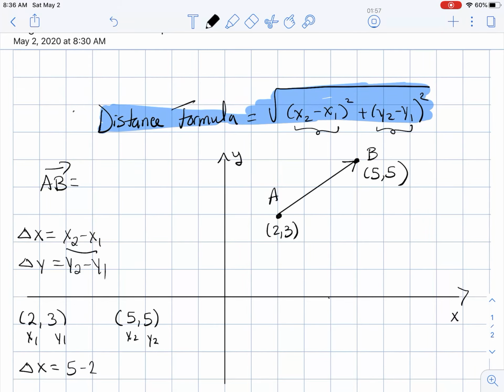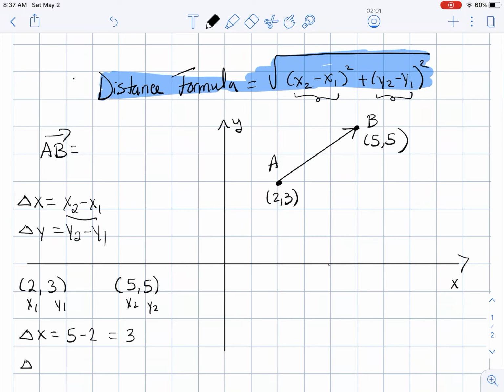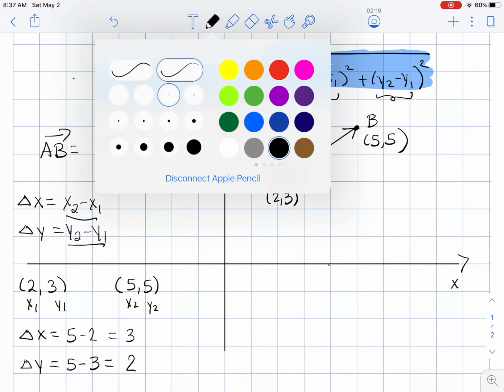So we do delta x, which is x2 minus x1, that's going to be 5 take away 2, which is 3. And then delta y, which is y2 minus y1, that's 5 take away 3, which is 2. So the coordinates of the vector are (3, 2).